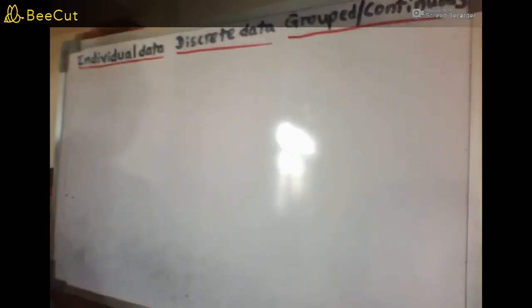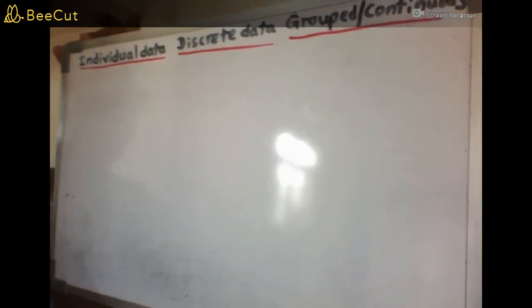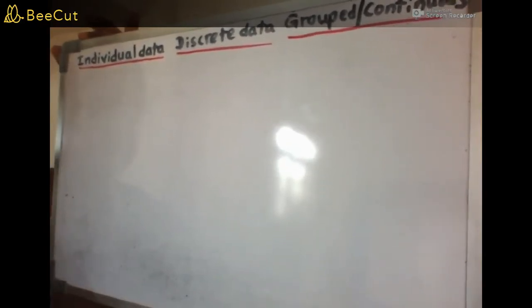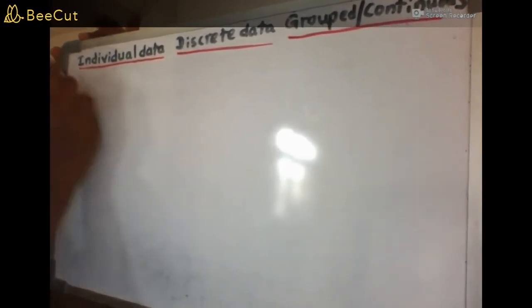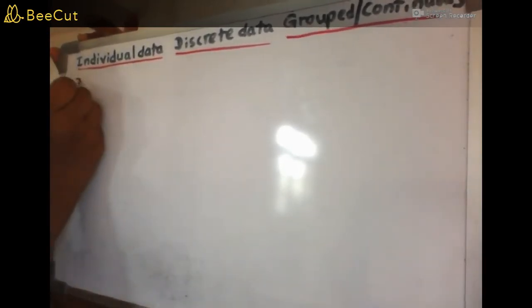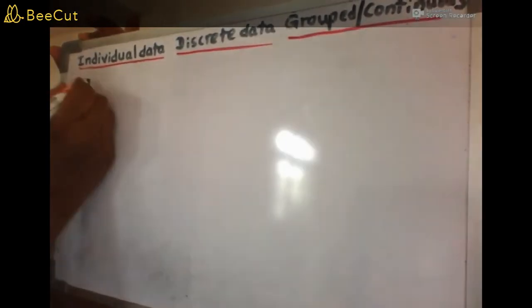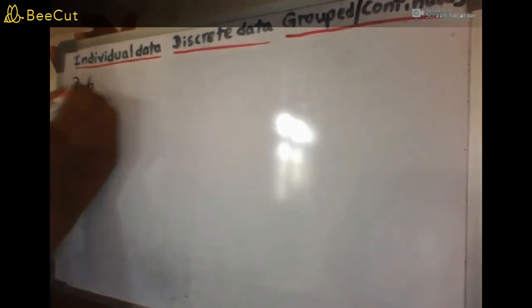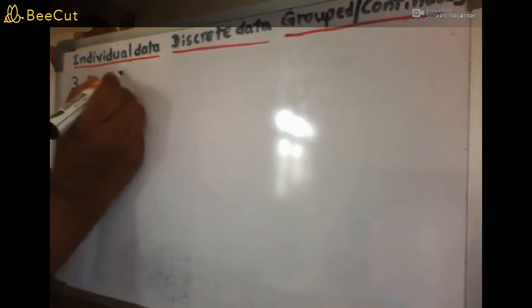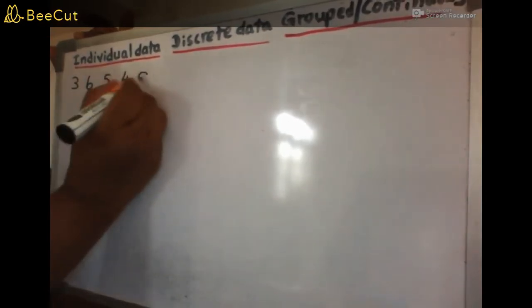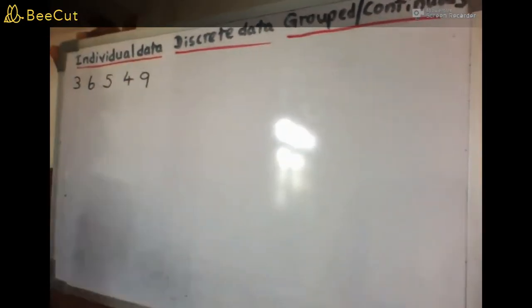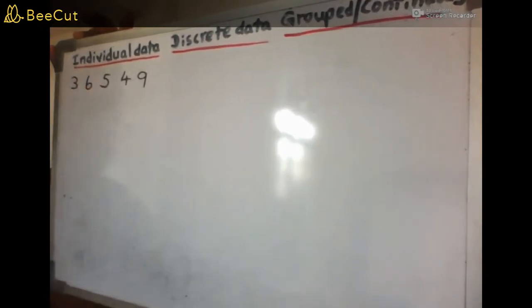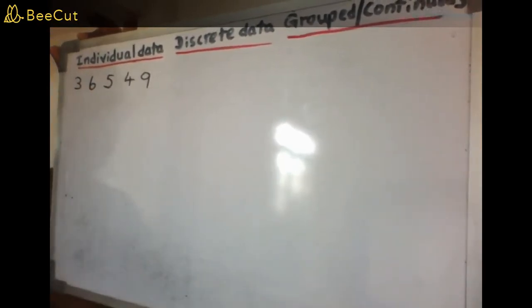Now, individual data, what are those? For example, I can give a test and get the marks of students. Say 5 students: 3, out of 10, 6, 5, 4, 9. These are the marks of 5 students in a test.